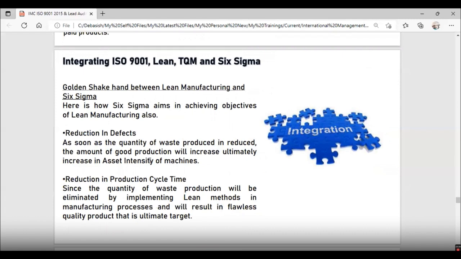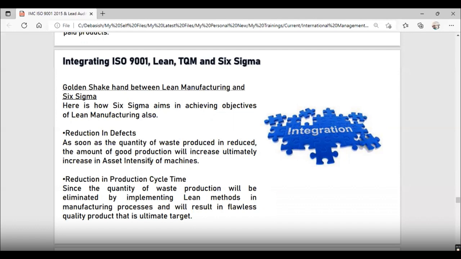Continuing with the golden handshake discussion between lean manufacturing and Six Sigma, I will discuss a few areas that show how Six Sigma aims at achieving the objectives of lean manufacturing. Number one, reduction in defects. As soon as the quantity of waste produced is reduced, the amount of good production will ultimately increase in asset intensity of the machines.